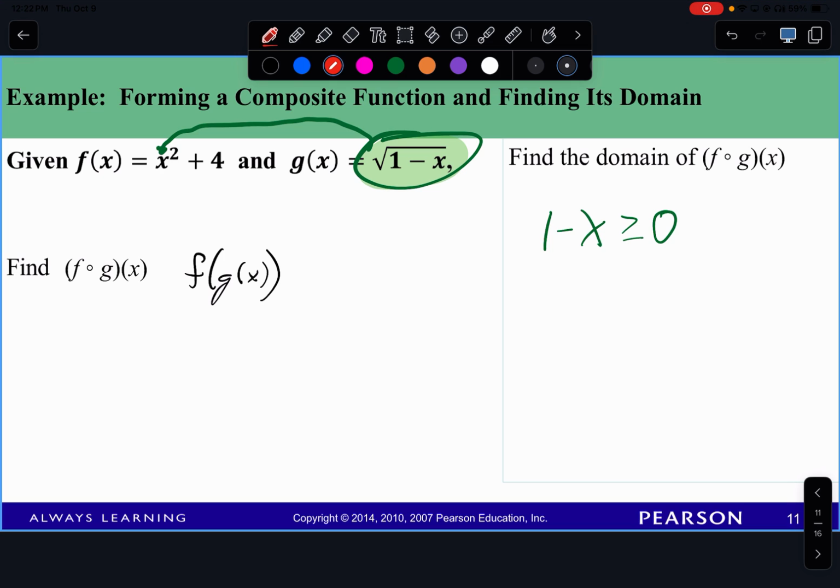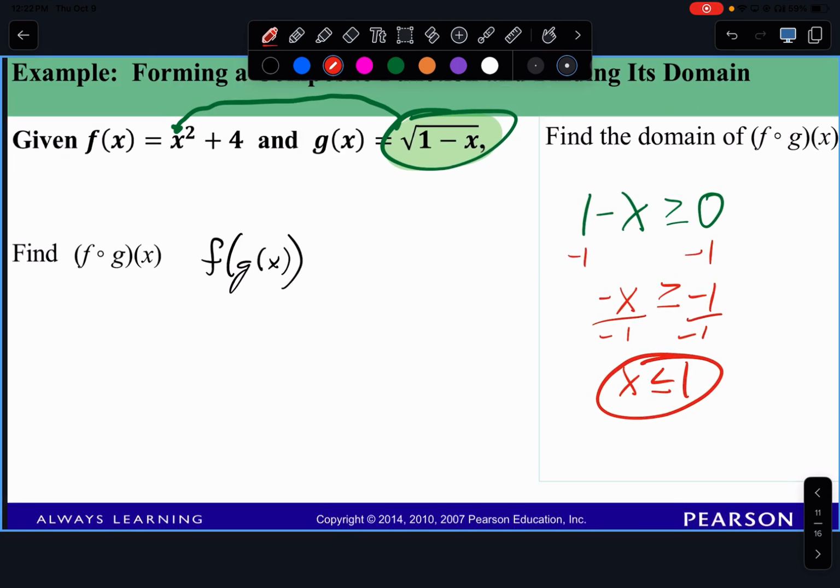Now I solve this. I'm going to subtract 1, so negative x is greater than or equal to negative 1. I have to divide by a negative, so I have to flip my sign. So x has to be less than or equal to 1. That's my domain for g of x.